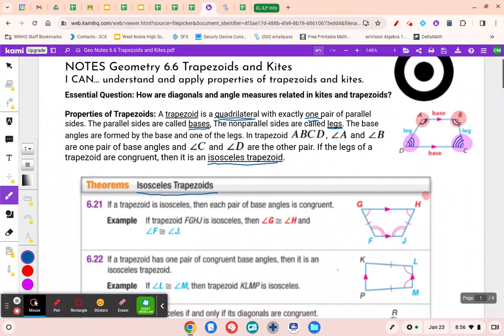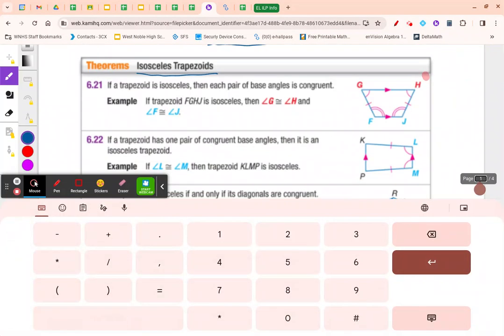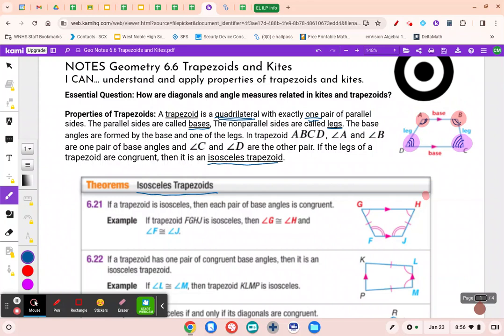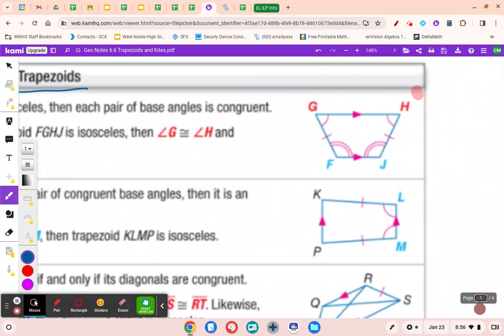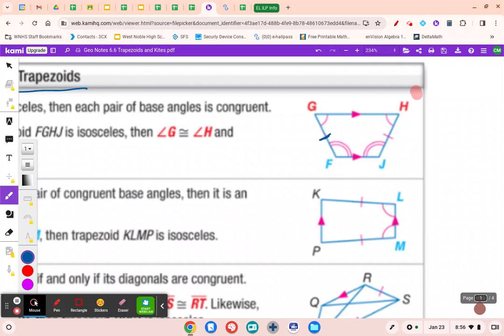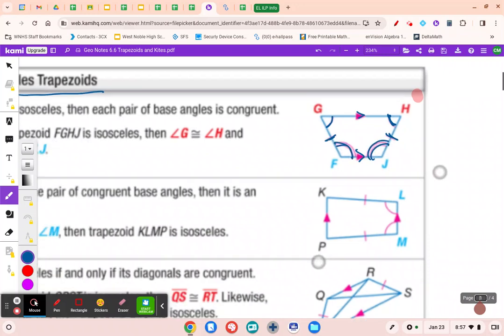Like I was saying up here, this is not congruent legs, which means that the base angles are not congruent. But if you do have congruent legs between your parallel bases, then the base angles are indeed congruent. So angle G is congruent to angle H, and F is congruent to angle J.